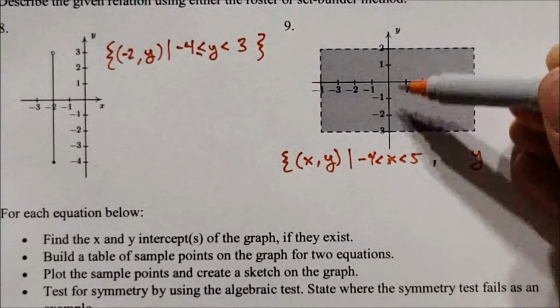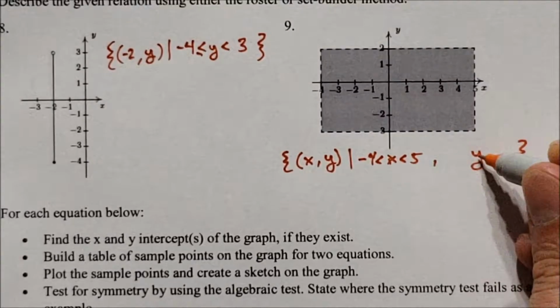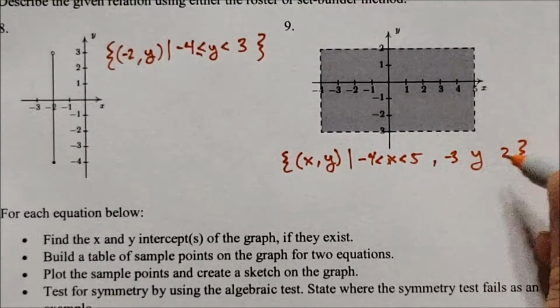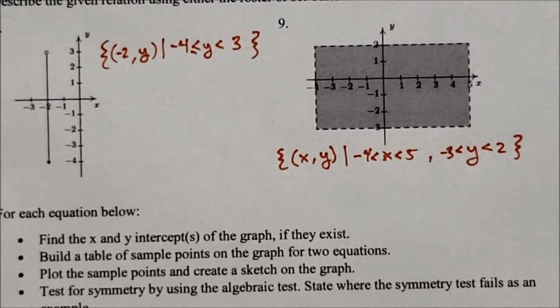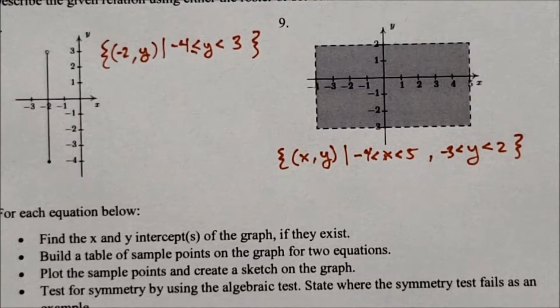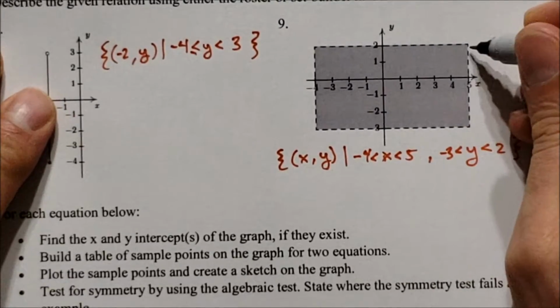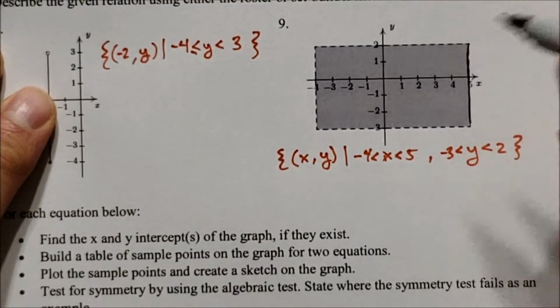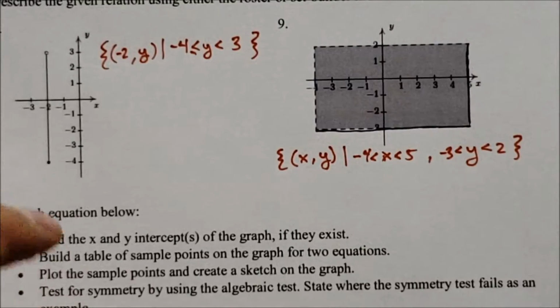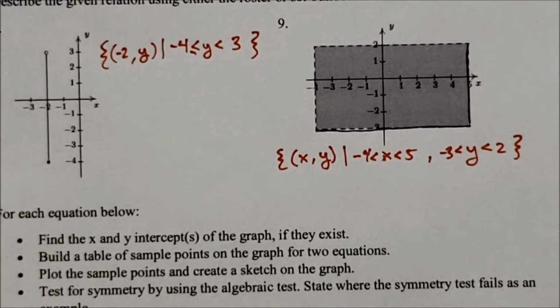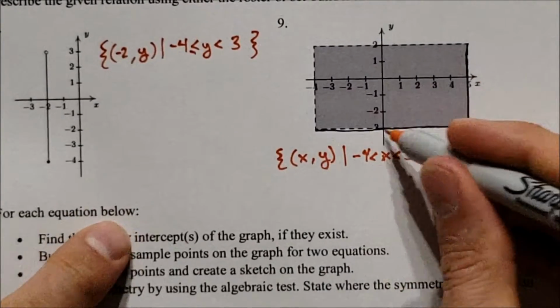y is between -3 and +2. So we're going to place y between -3 and +2. Less than, less than. Now, what would happen if two of these lines were solid? Let's make that a solid line and that a solid line. Then we would have to include these lines.